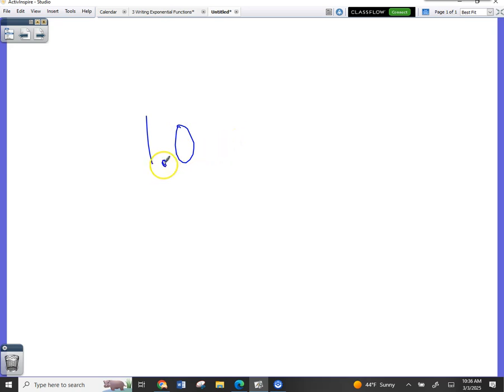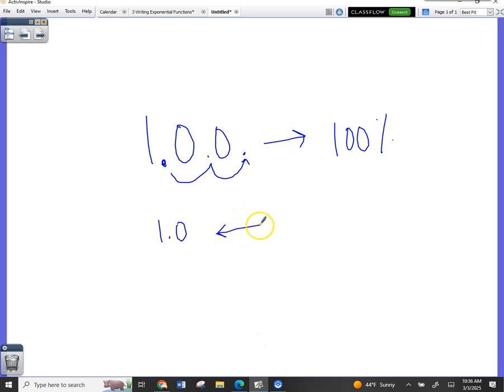Do you remember how to do percent, y'all? So this is, as a percent, 100%. As a decimal, it's 1.0. So 1.0 is 100%.